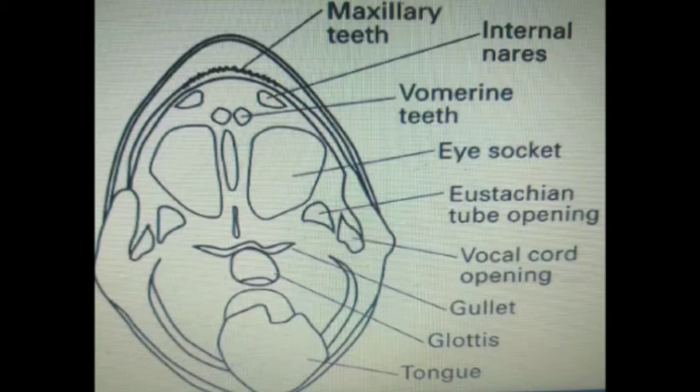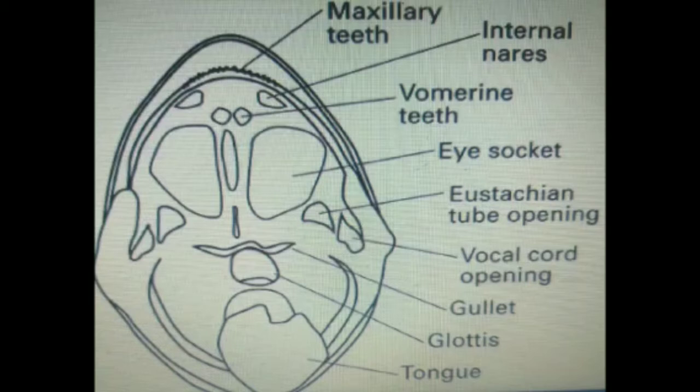Then one pair of vocal sacs openings. Vocal sacs, as you already know, are the structures which enable male frog to produce sound. These are not present in females, so their openings are also seen in pharynx. Then pharynx also contains openings called gullet and glottis. Let me tell you, gullet is the opening that leads into the food pipe.